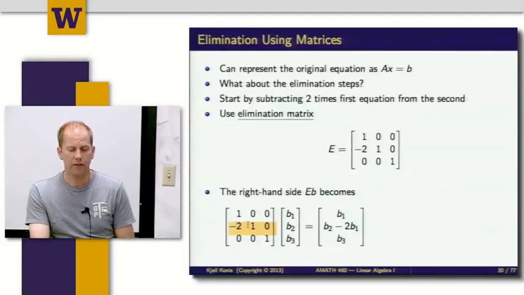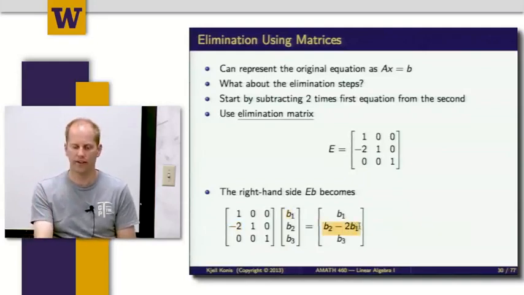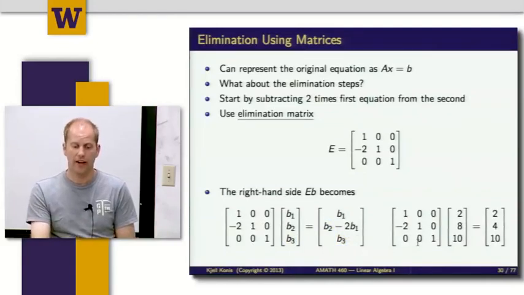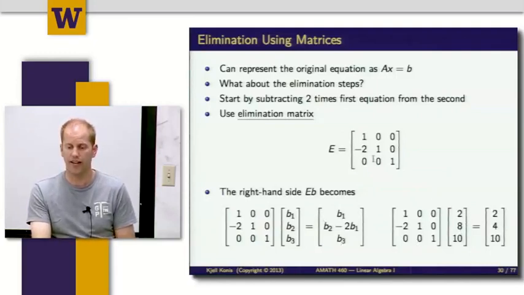Then -2, 1, 0 times b1, b2, b3 is going to give me 1 times b2 minus 2 times b1, so it's subtracting twice whatever was in the first row from the second row. And then 0, 0, 1 is just going to give me b3 back, so that leaves the third element unchanged. If I multiply this by 2, 8, 10, plugging in 2, 8, 10 for b1, b2, b3, that gives me 2, 4, 10.